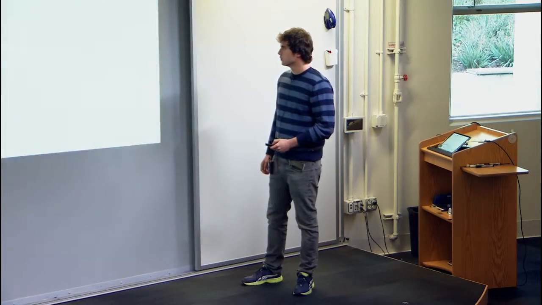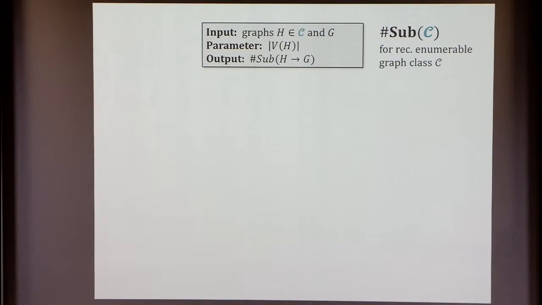The problem that we're looking at is, just as a reminder, counting subgraphs from a class C. What we have to do for this whole thing to work is assume from now on that the classes we're talking about are all recursively enumerable. That's an assumption that we have to make for the parameterized reductions to work, but let's just say that this is probably an acceptable condition on a class.